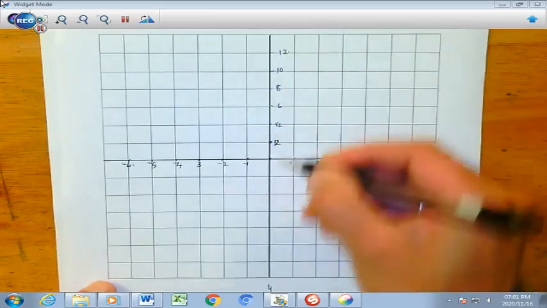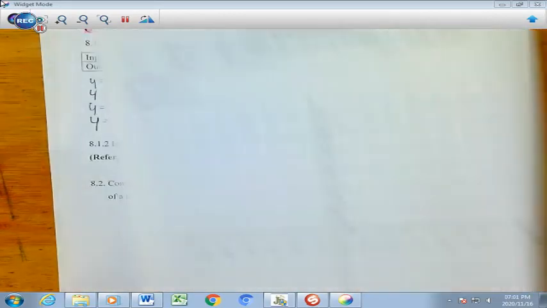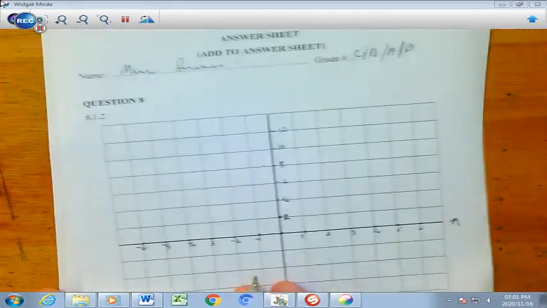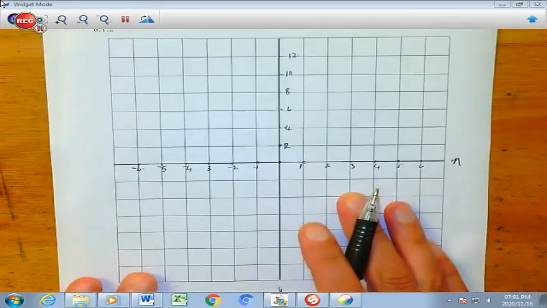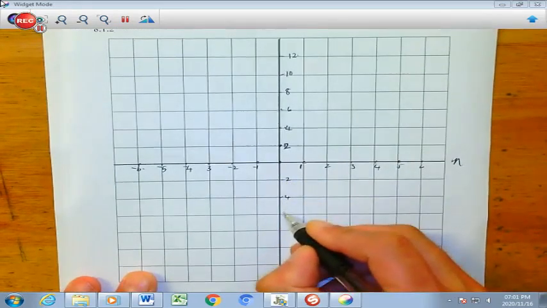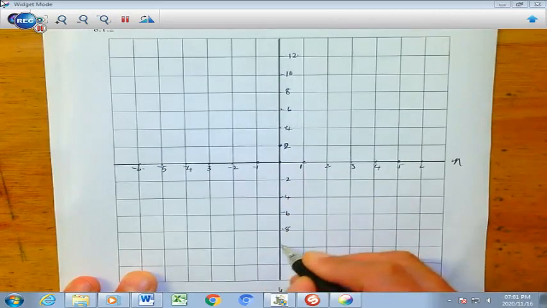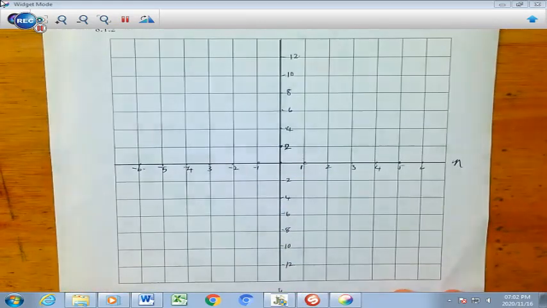Especially if your values go quite high in your x box, which is that box over there. You can see 11 is quite high, so we're going to do that up until 12, and then we are going to do -2, -4, -6, -8, -10, -12. Right, now we have that.